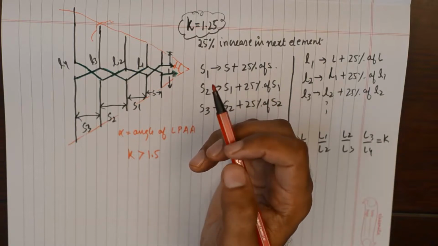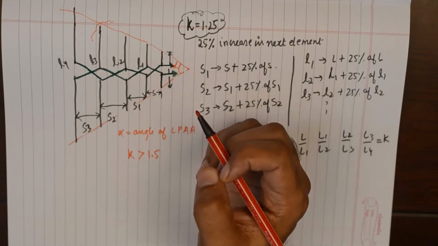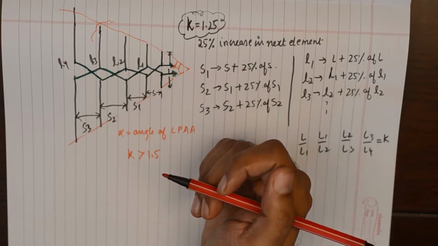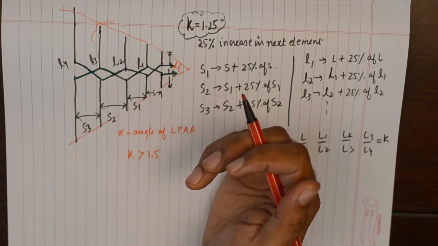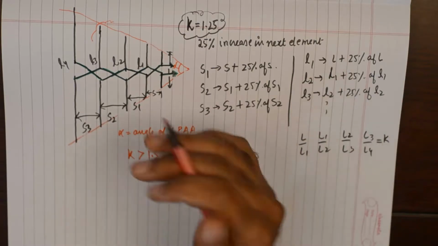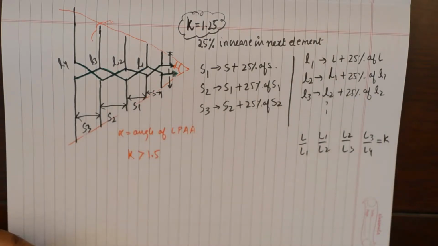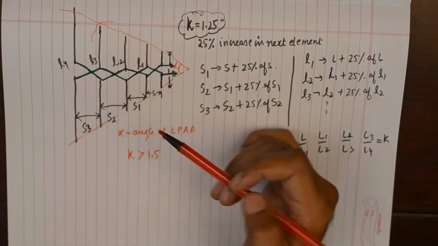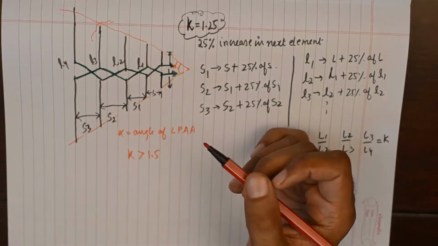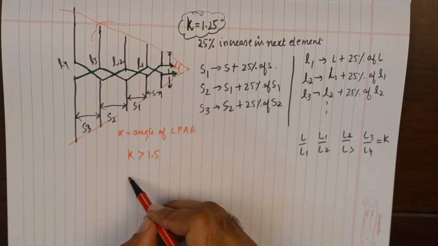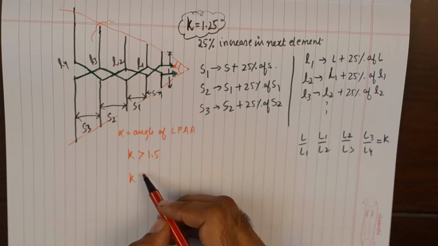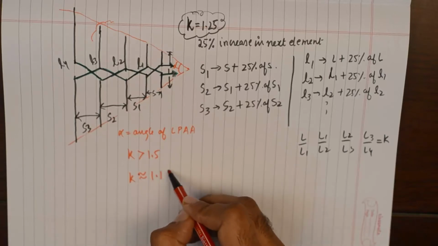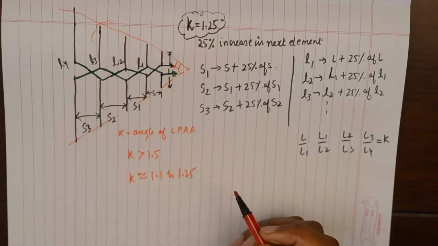However, they will perform the functions of reflector and director. They will be acting as parasitic elements. But if we want to make sure to use each of these elements as active elements, then we must keep the value of k to be limited to let us say values closer to 1.1 to 1.25.